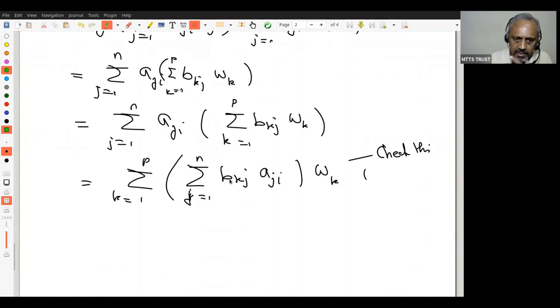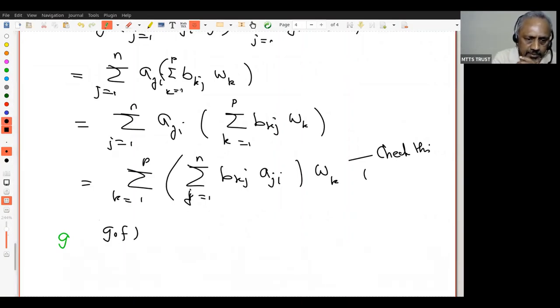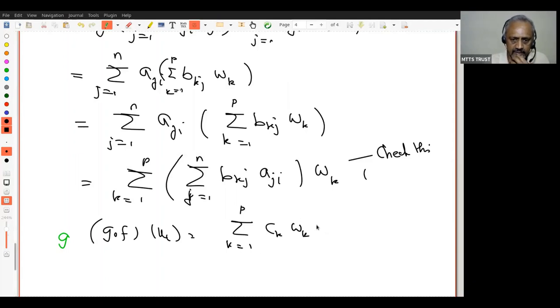Is that all right? Now what I have done: g composite f of u_i, I have written as summation c_k w_k, k equal to 1 to p. Is it okay? What are c_k? Because the matrix of g composite f with respect to the bases, this will be the ith column.